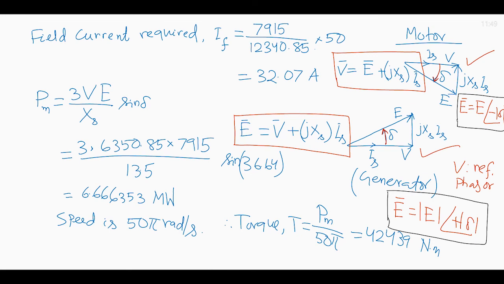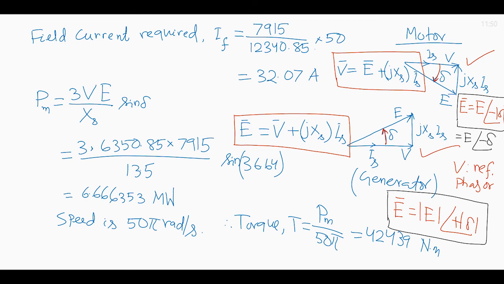So, for a motor, delta is positive. As delta is positive, magnitude is the same as the angle. So, induced EMF is E at minus delta. And for a generator, delta is negative.